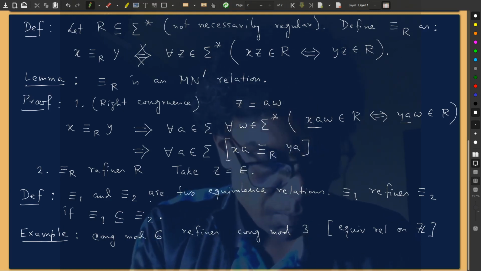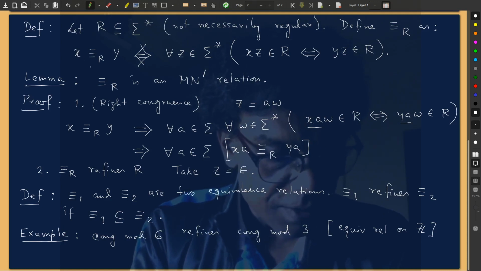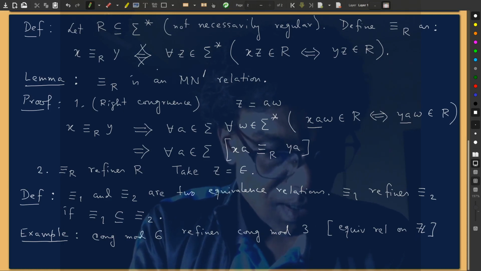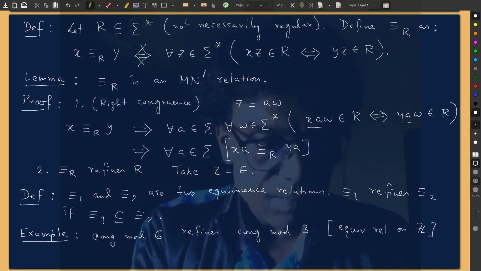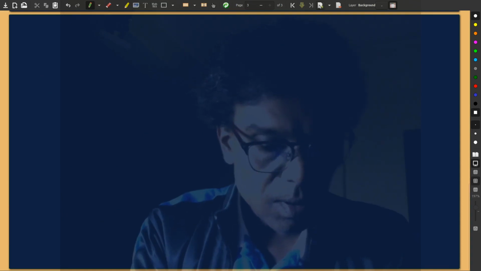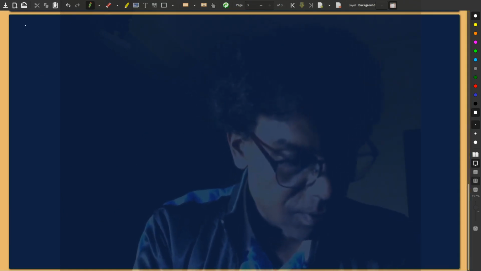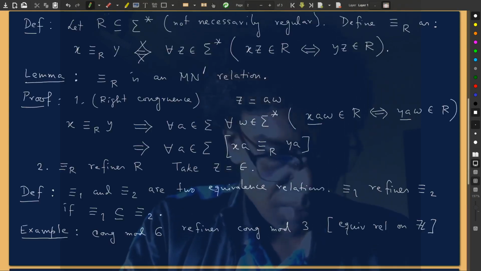Now what is important about this is that if we have any Myhill-Nerode-type relation defined using the given language R, there is a relation between these. So this is our second lemma.